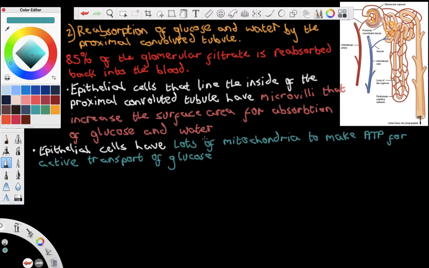Now, at the same time, these epithelial cells actively transport sodium ions into the blood, meaning that you are making the blood more concentrated. Okay? Therefore, water will want to move out of the glomerular filtrate into the surrounding tissues. Okay?